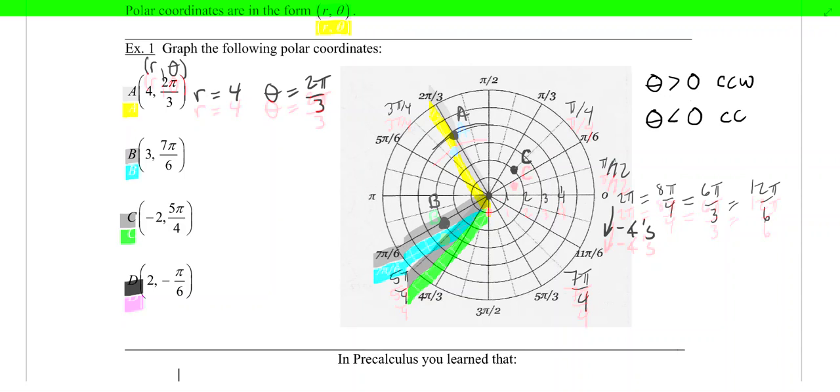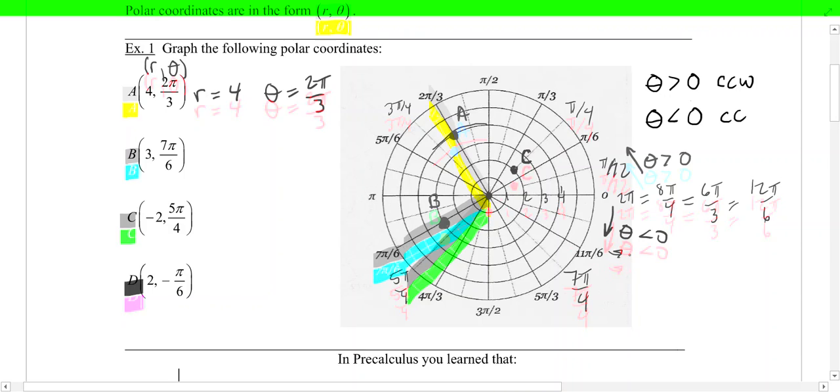Let's just rewrite that. That way for theta less than 0, and then we go this way if theta is greater than 0. And since this is a negative, it means we're going down here to the 11 pi over 6. 11 pi over 6 is equivalent to negative pi over 6.